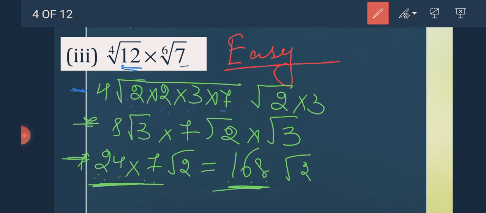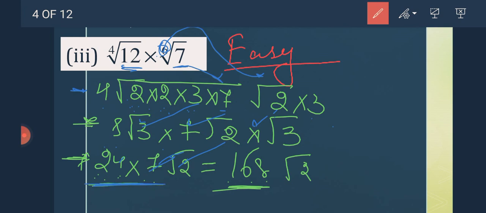We can't simplify this, so I have put this 7 over here, and I have simplified 6 over here. 2 into 3, we have done it like 6. Then 4 to the 8, carrying out 6, 3, then 7 over here, and then 2 we have pasted over here. Then 8 3 is 24, 7 over here and root 2 over here.